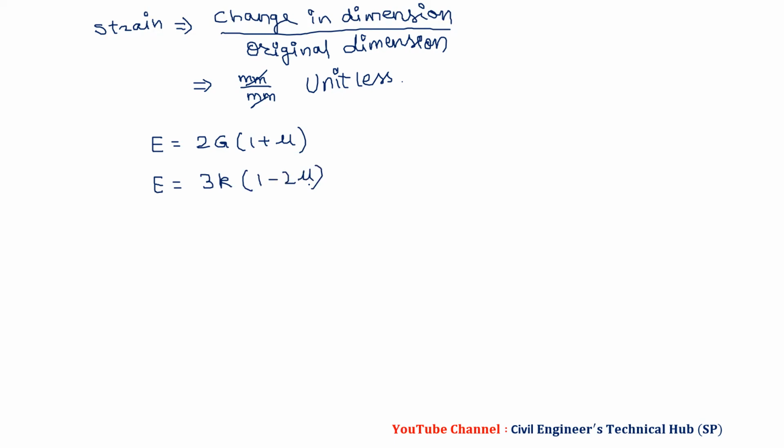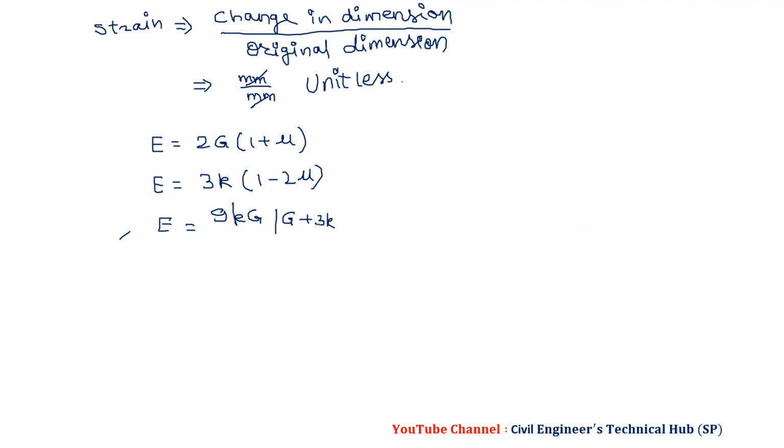We should know the relationship between all the three, E, G, and K. That can also be written as E equal to 9KG upon G plus 3K. Just I am saying this.